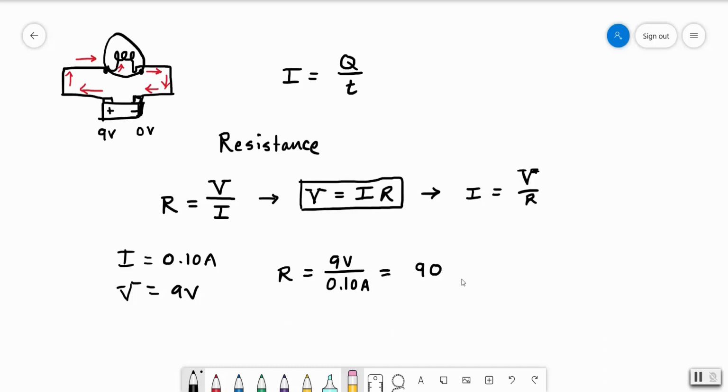Now, what is the unit for this? Well, it's not volts per amp, because although it is equal to a volt per amp, that's not the name that we like to give it. We like to give it the unit of ohms. I know that's a weird word, but that's actually someone's last name, Ohm, and as a matter of fact, this law is Ohm's Law.